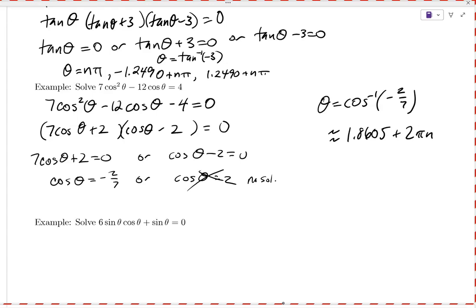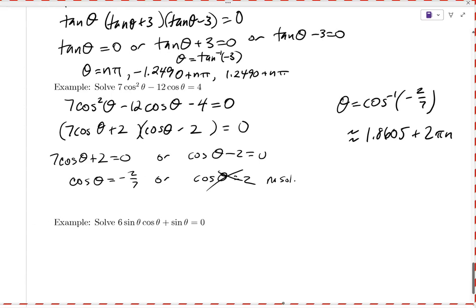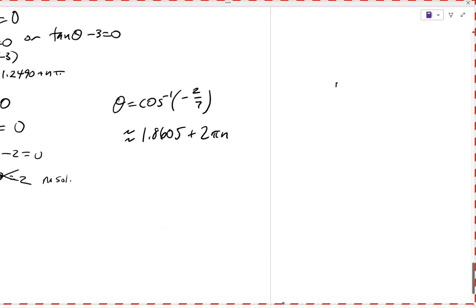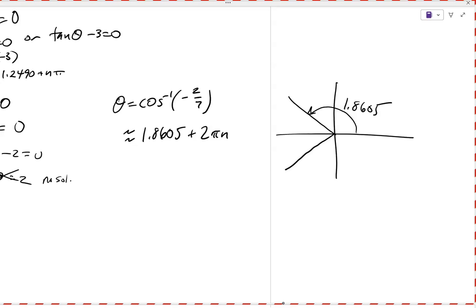I like to draw the picture. I think the picture helps me personally. Draw this off to the side. We get that one that's in quadrant 2. We need this one that's down in quadrant 3.